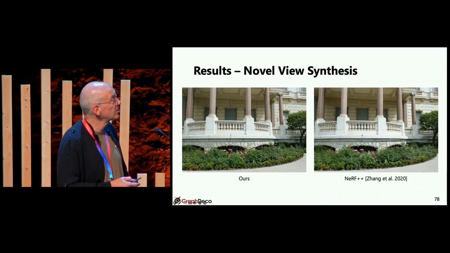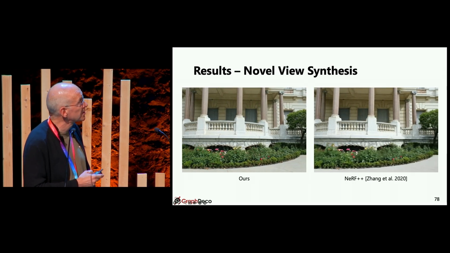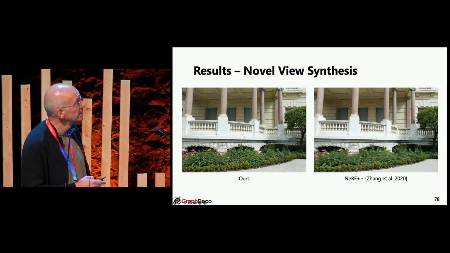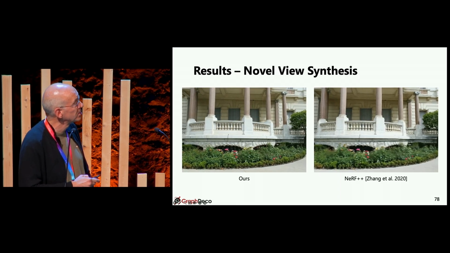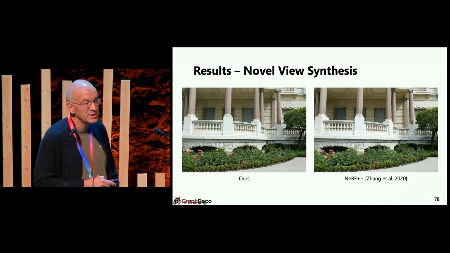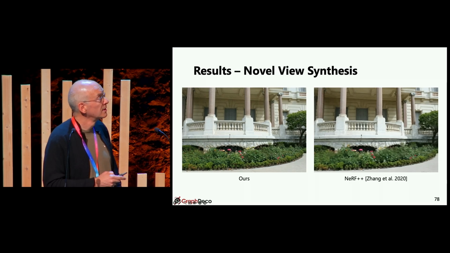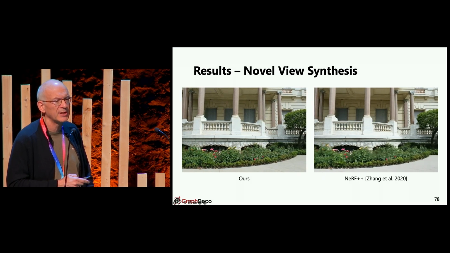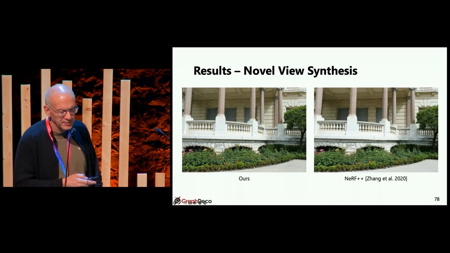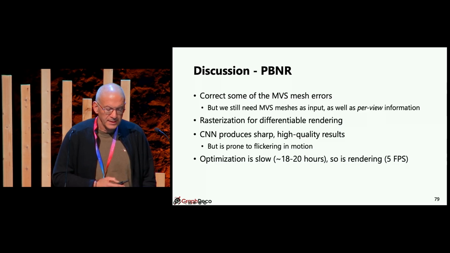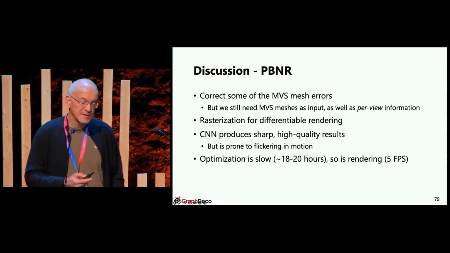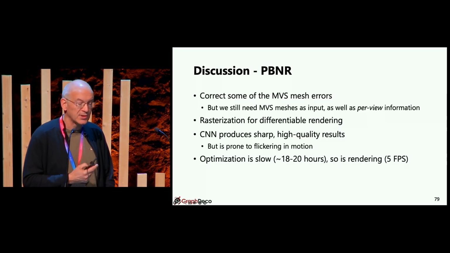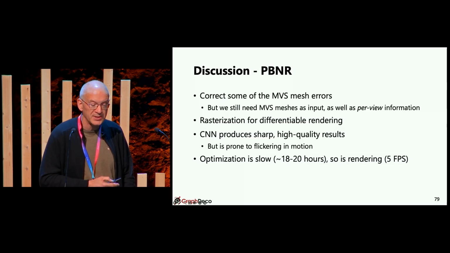And even compared to NeRF, which was hard to do at the time because NeRF couldn't handle this kind of scenes, we had much sharper geometry. And the thing is that this method took something like a few minutes to generate one image, and we were at a few images per second. So this first step was important because it allowed us to correct some of the multi-view stereo mesh errors.